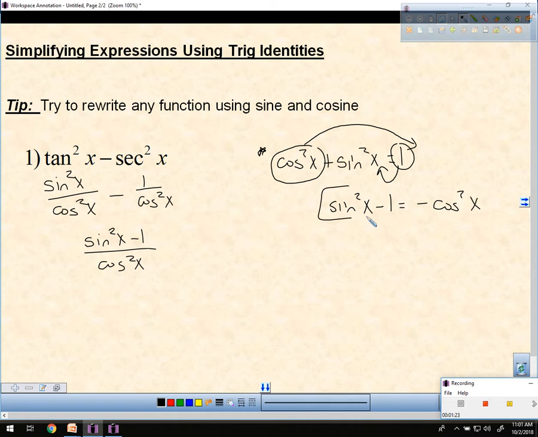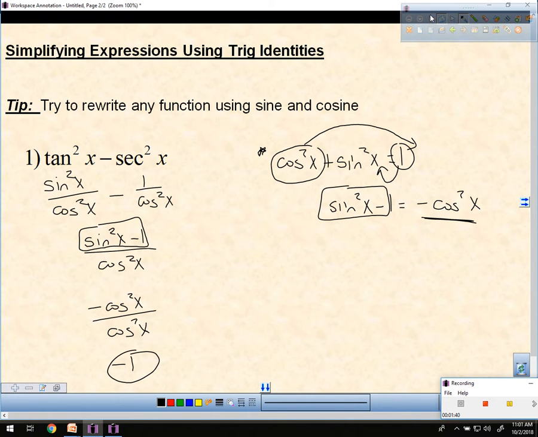So this will be negative cosine squared of x over positive cosine squared of x, which is just negative 1. And so the answer to that problem would be negative 1.